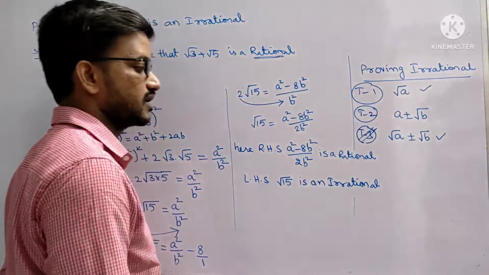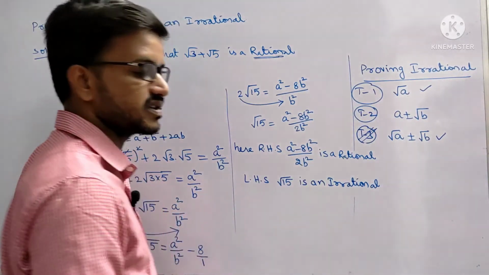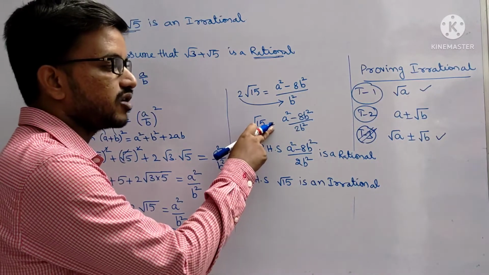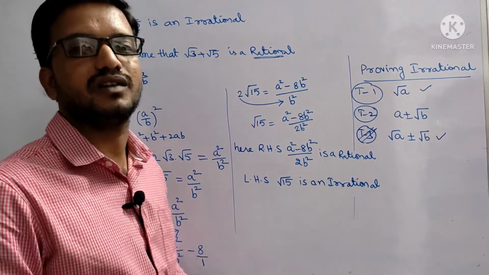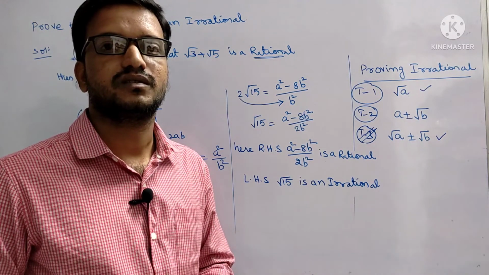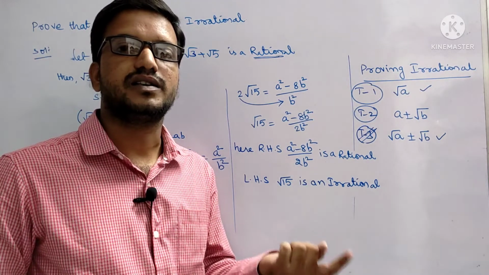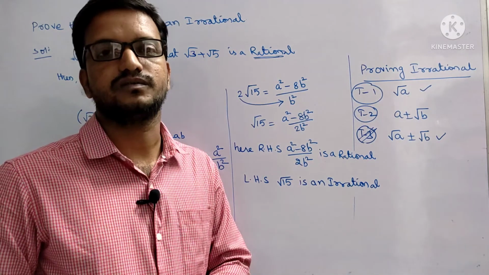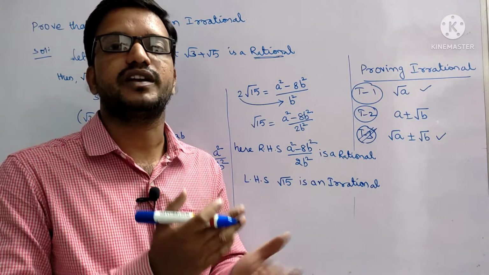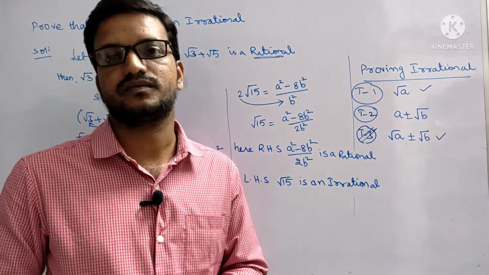Okay students, RHS is a rational, LHS is an irrational. As we have the equality, both should be equal, but it is wrong. How can we say it is wrong? A rational is not equal to an irrational. The sets of rational numbers and irrational numbers are disjoint sets.